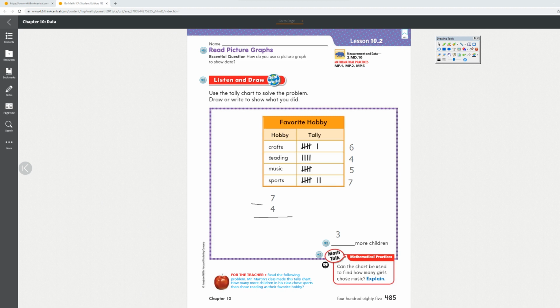So during the survey, if you remember the vocab word, if we were doing the survey, we would have to ask how many boys like music and how many girls like music in order to get that information. But since we never asked that information during the survey, we can't figure that out. So the answer is no, we cannot use this chart to find out how many girls because we are missing some data. We are missing data from the survey.